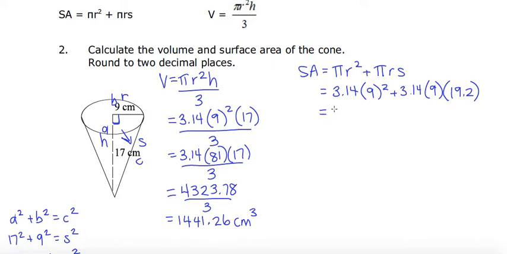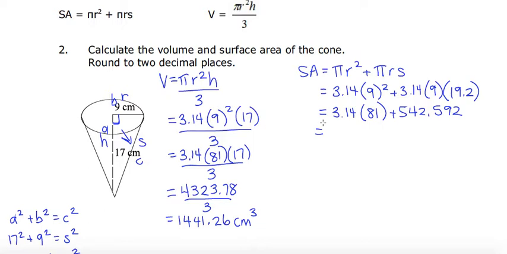So following BEDMAS, 3.14 times 81, and I can multiply these three values together. 3.14 times 9 times 19.2 gives us 542.592.